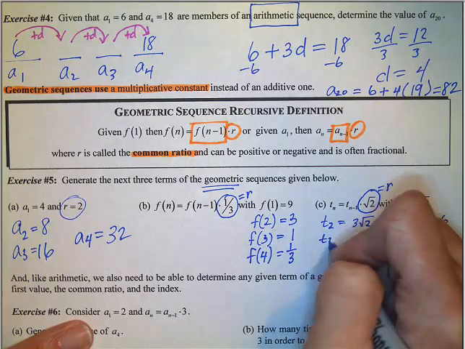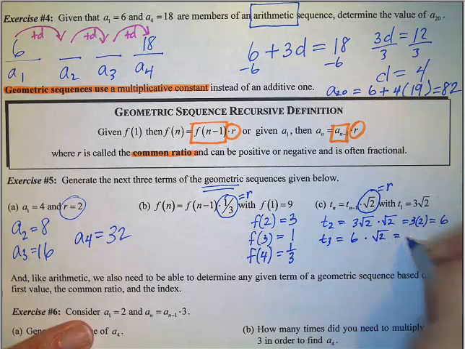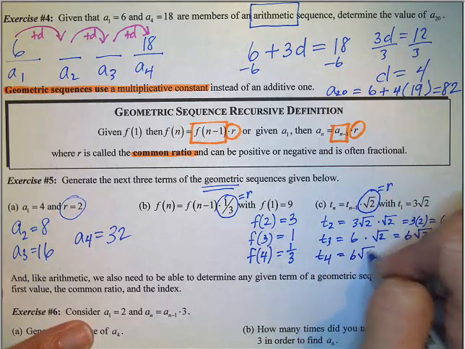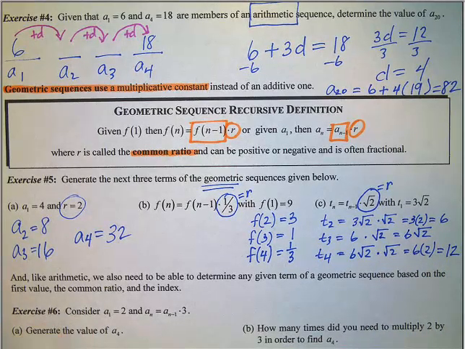The third term is 6 times radical 2, which is 6 radical 2. And the fourth term is 6 radical 2 times radical 2, so radical 2 times radical 2 is radical 4. The square root of 4 is just 2. So 6 times 2 is 12. That was a tricky one. Make sure you ask if you don't understand in class.